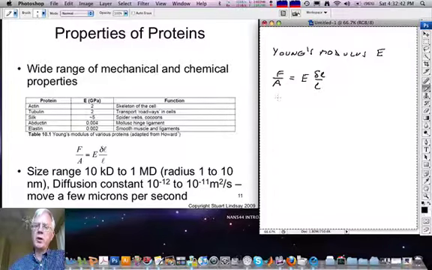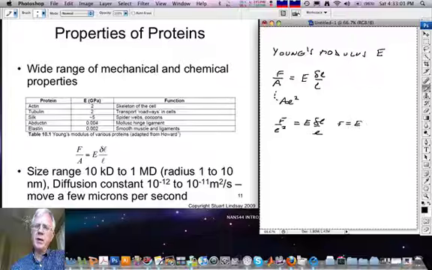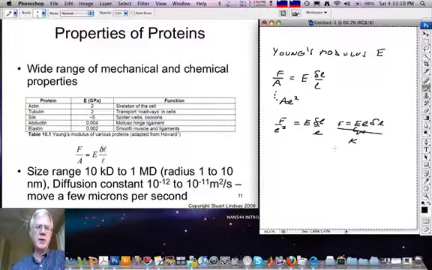We've talked often about spring constants, so of course depending on the geometry, but one can approximately take the area to be some characteristic length squared, in which case we can write F over L squared is E delta L over L, or then F is equal to E L delta L. You'll recognize this as Hooke's law, where this quantity EL plays the role of a spring constant.